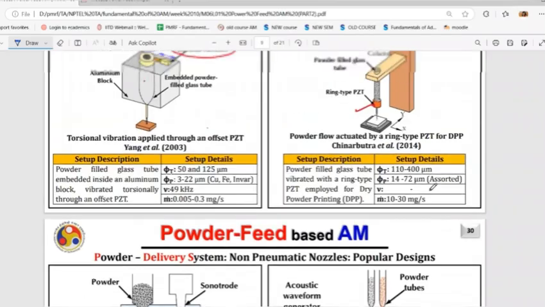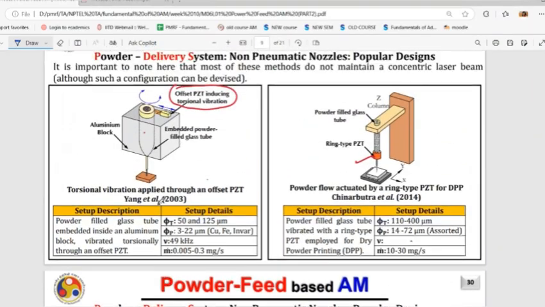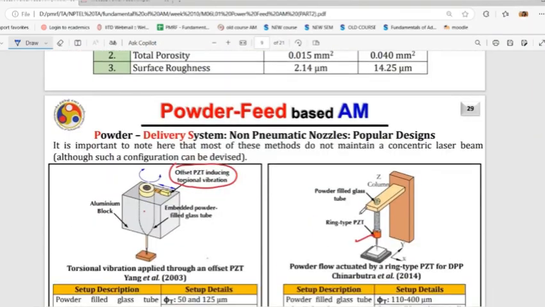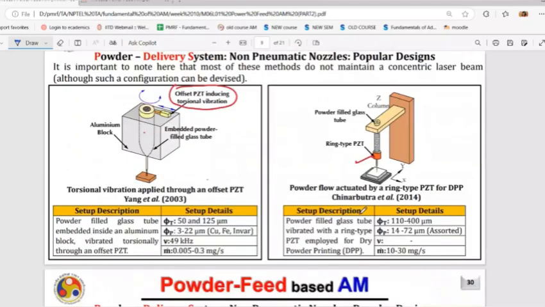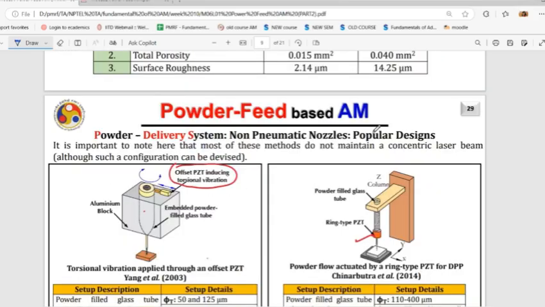Now comes the different types of powder feeding technologies for different size powder particles. Already I have told you that nano powder is a bit tricky. That's why there are various types of design in the delivery system. One popular design is the non-pneumatic nozzle.